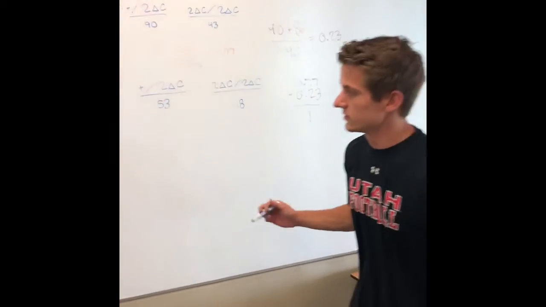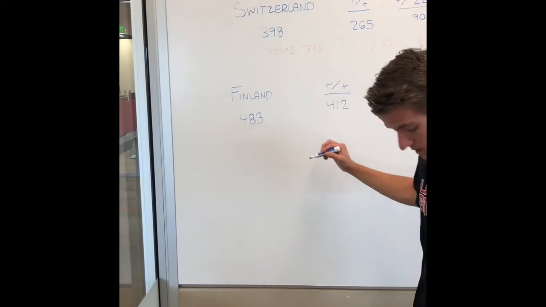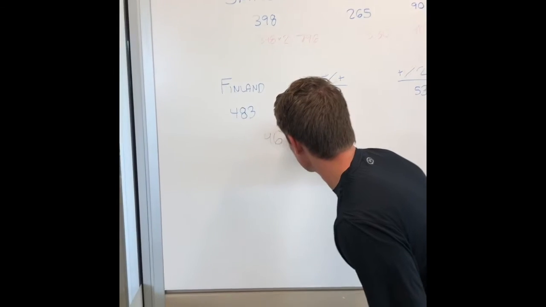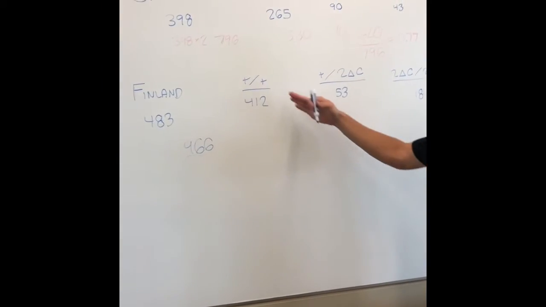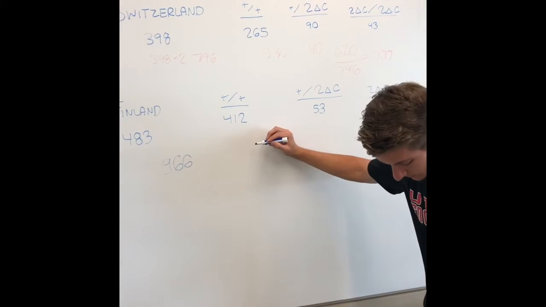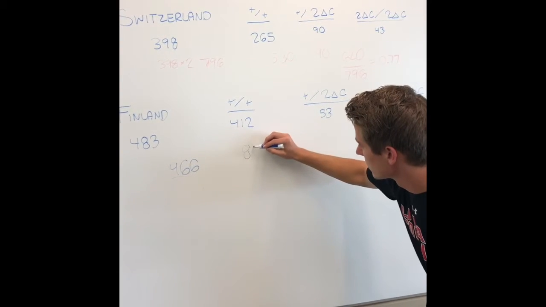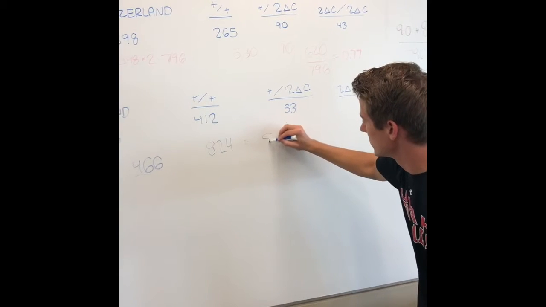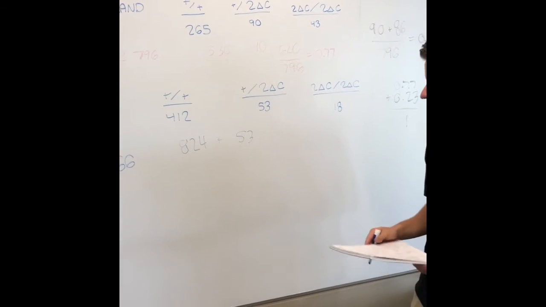Okay. So similarly, we're going to do the same thing for the Finnish. So we've got 483 times 2, which is going to give us 966 in total. So that's our overall number that we're using here. And then for the homozygous people, dominant allele, we've got 412 times 2, which gives us 824, plus 53, because again, these people only have one copy of the gene, so that's why we don't times it by 2.